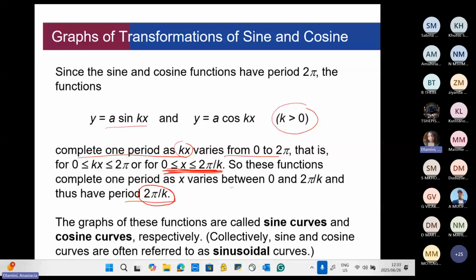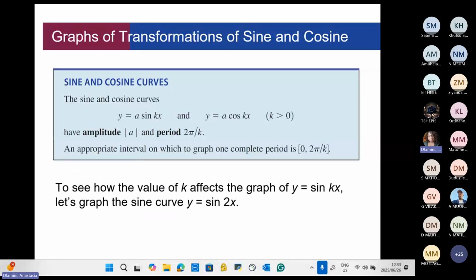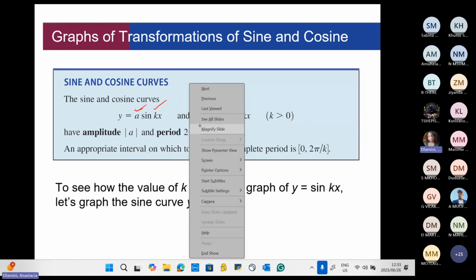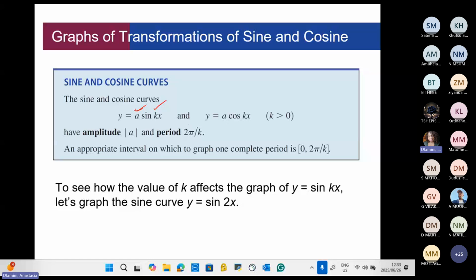So here we go. If you have a sine or cosine curve with a k here and an a here, this a is called the amplitude, and this k is used to find the period. So the new period is 2 pi over k.